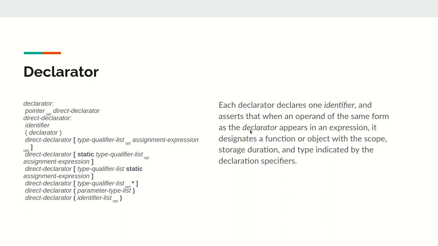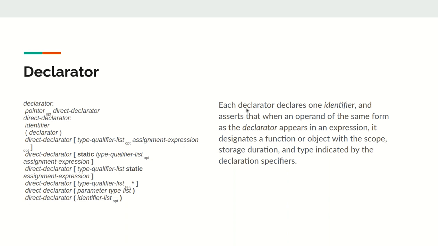But here the declarator designates a function or object, meaning any kind of storage region we are using. The scope we'll see in the later section.